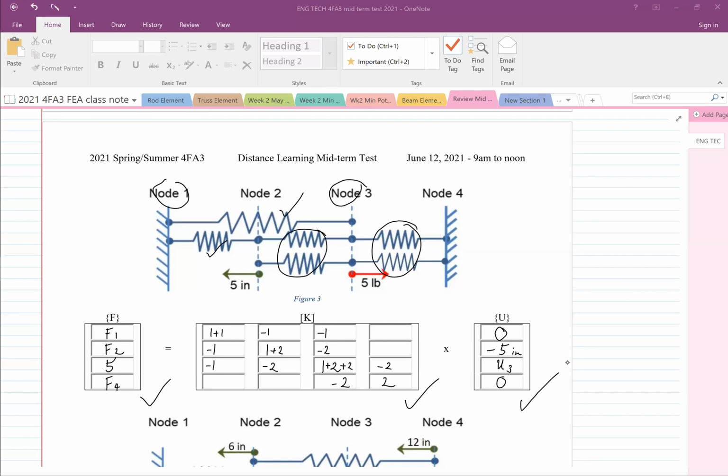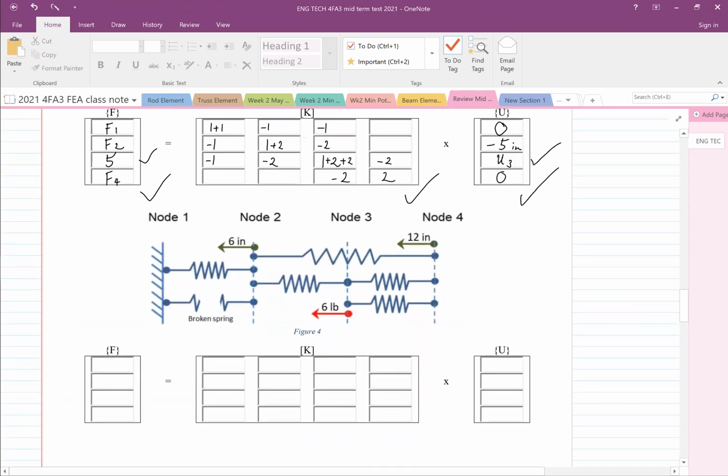Whenever there's a known value on the right, there must be an unknown on the left. Vice versa, when there's a known value on the left, there must be an unknown value on the right. Okay, yeah, sure. No problems.